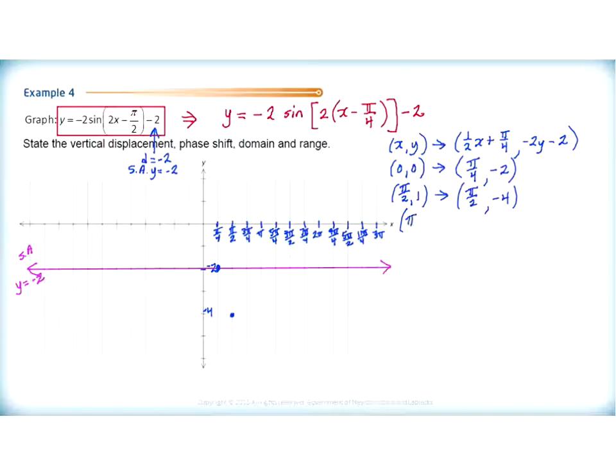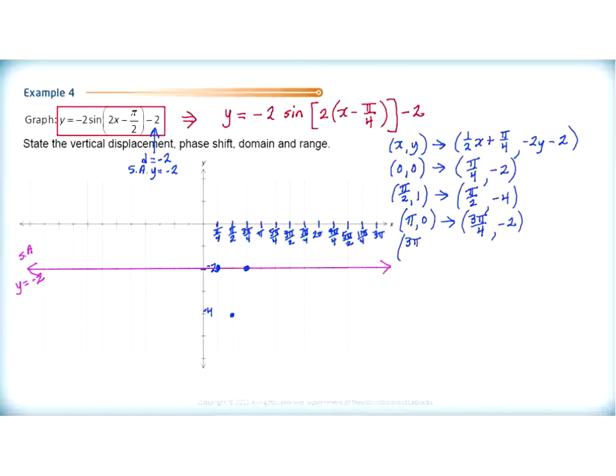The next point we will substitute in is (pi, 0). Half of pi is pi over 2, which is the same as 2 pi over 4, plus pi over 4 is 3 pi over 4, and -2. So (3pi/4, -2).